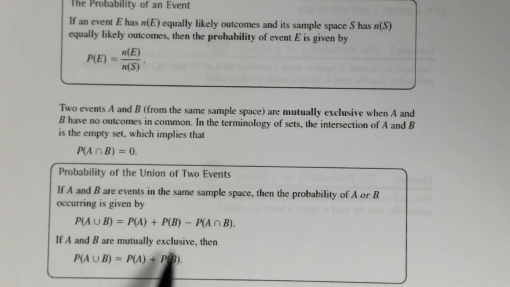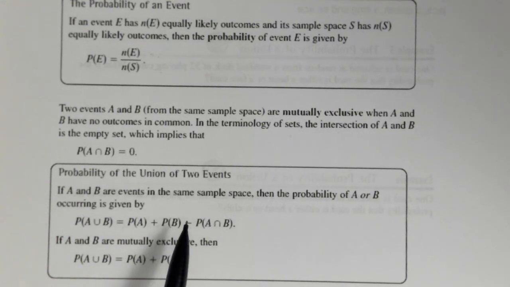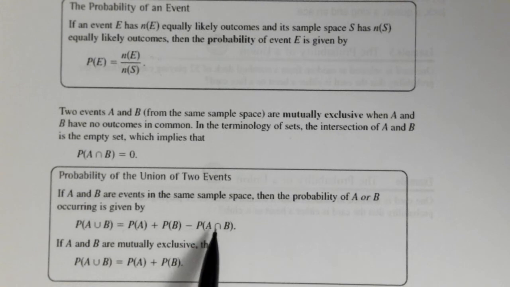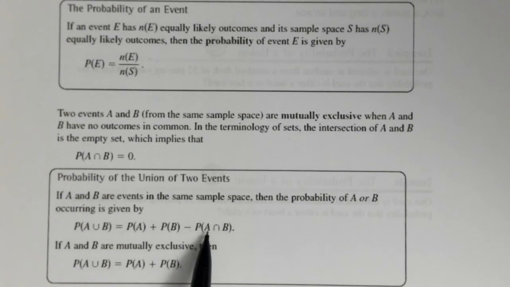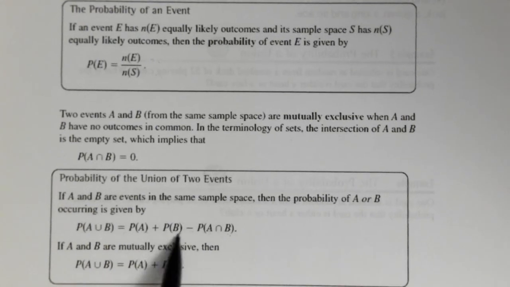So again, it's the probability of A plus the probability of B minus the probability of the intersection of A and B.